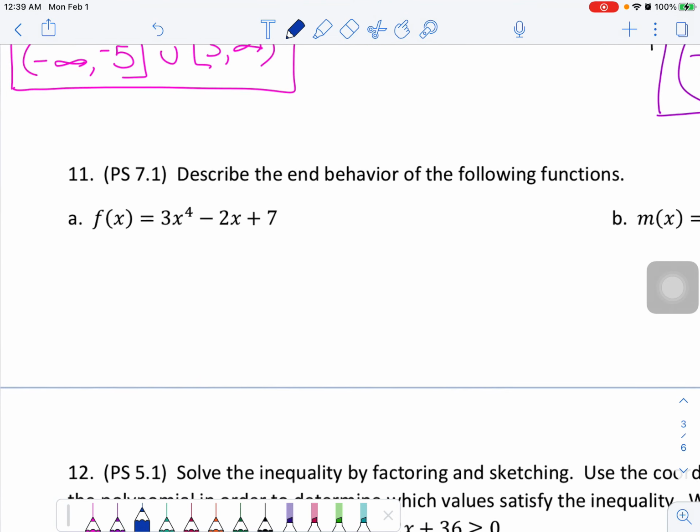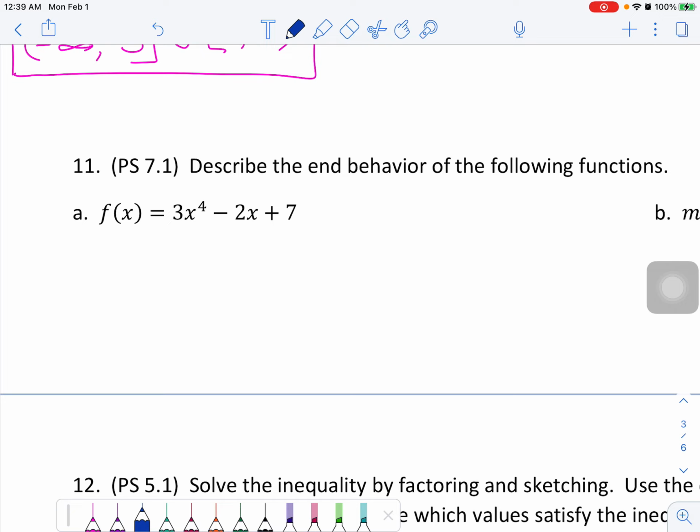Last part for this particular video is the end behavior for number 11. This is a throwback to, I think, the last unit that we did before break, or the unit before, I forget which. But the idea here, we've got a positive a value with x to the 4th. So that particular curve would look something like this, kind of the basic shape.